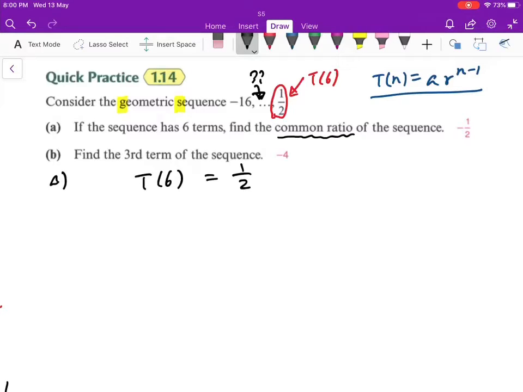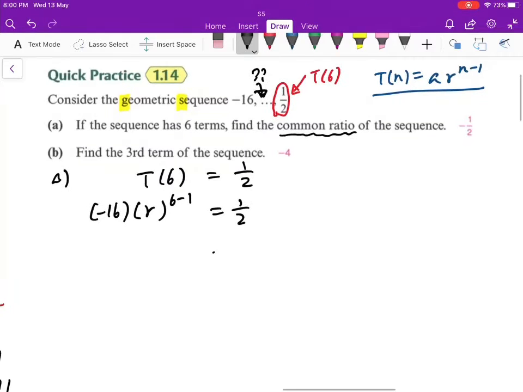Why don't you do the substitution? Find T6 first. Negative 16 times R to the power n minus 1, that means 6 minus 1, equals 1 over 2. Next step, simplify it. Move the negative 16 to the other side. It will be 1 over negative 32.